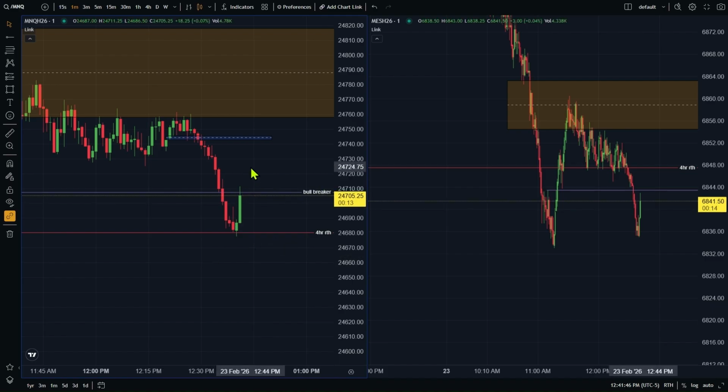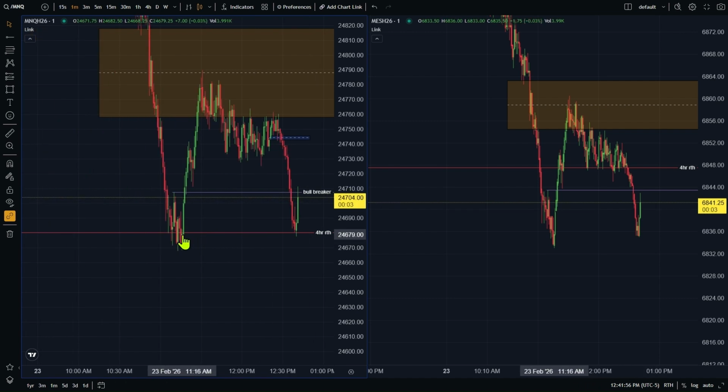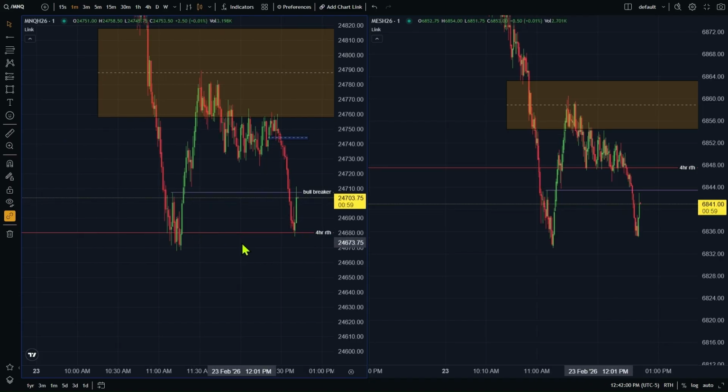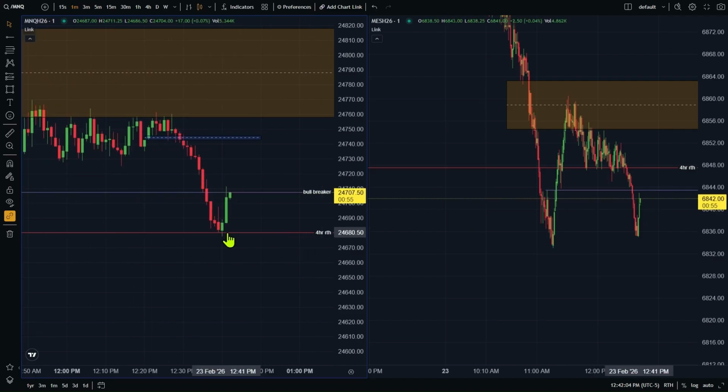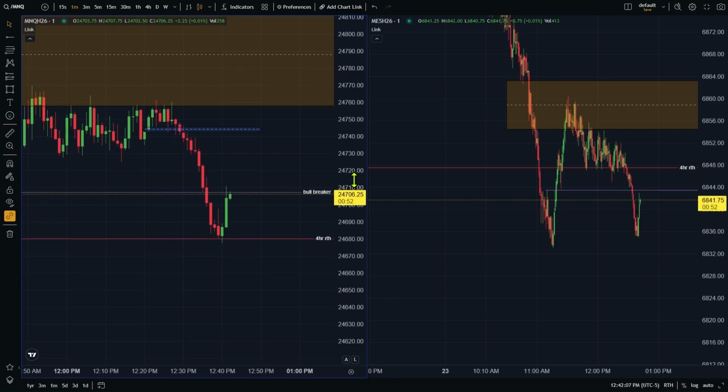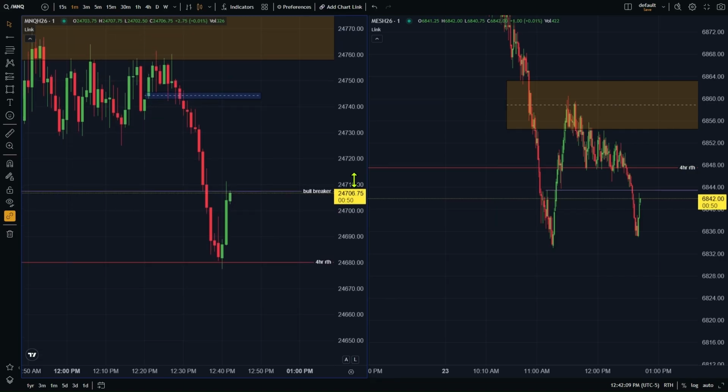Will this stay open? That does have all the signs of a liquidity run. It also looks kind of like a push down that failed to go any lower. Pretty aggressive push down. We'll know if this stays open here in about 46 seconds.